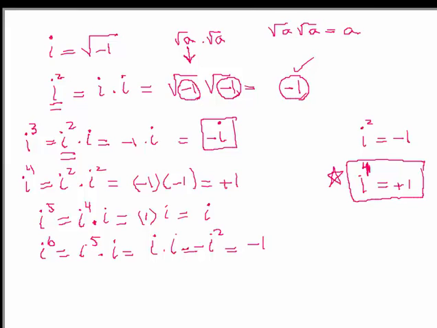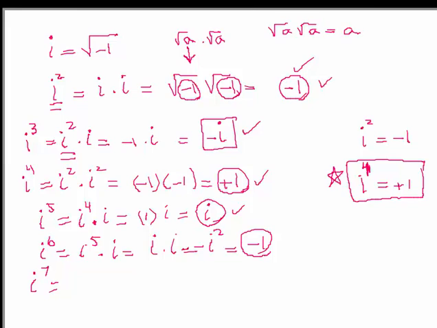Now look what's happening here. There's a pattern going on. It is either plus or minus 1 or plus or minus i, and the pattern is pretty obvious here.